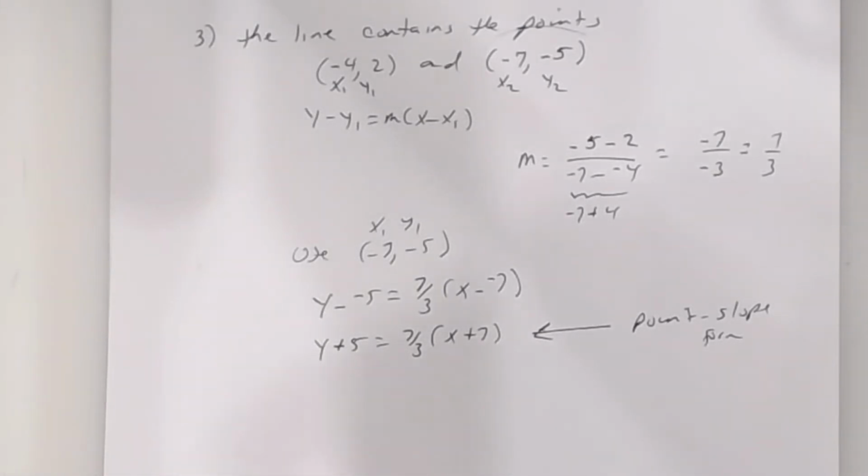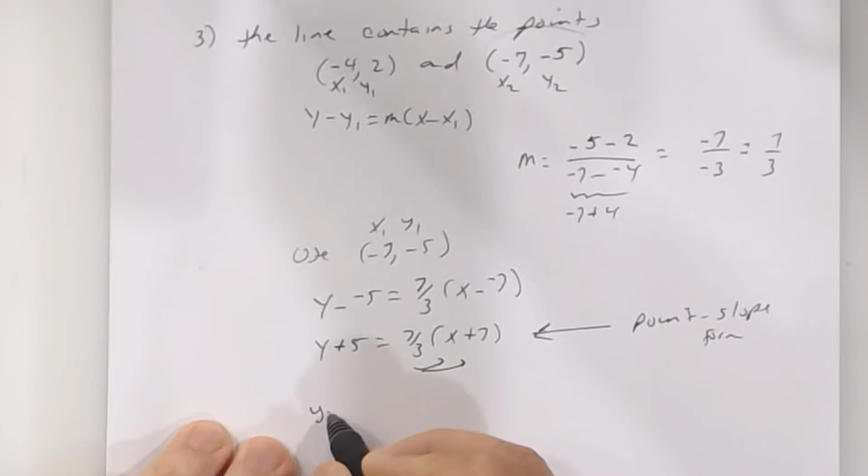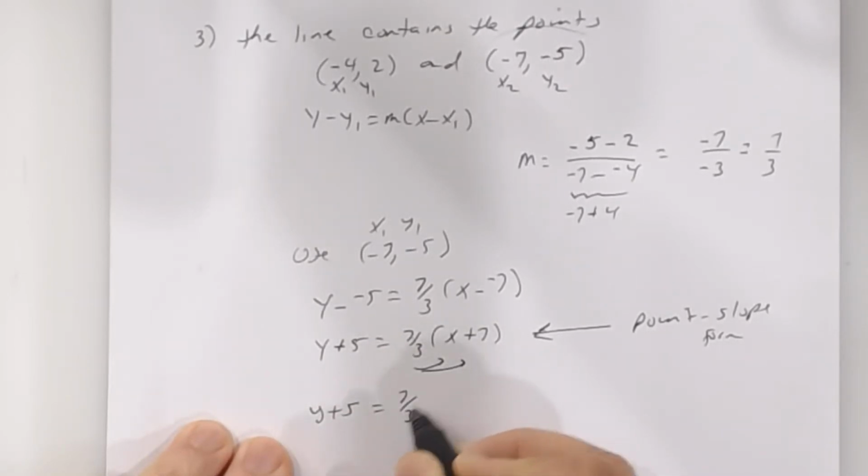Y by itself. Okay, so there are multiple steps you can take. You can distribute or you can multiply both sides by the LCD if you don't want to have to deal with fractions. But you have access to a calculator, so it may be quicker just to distribute. So let's go ahead and distribute. When I do that, I'm going to get y plus 5 equals 7/3 times x is 7/3 x.